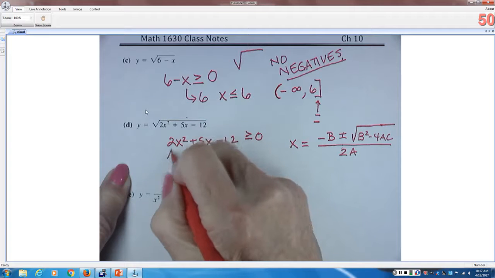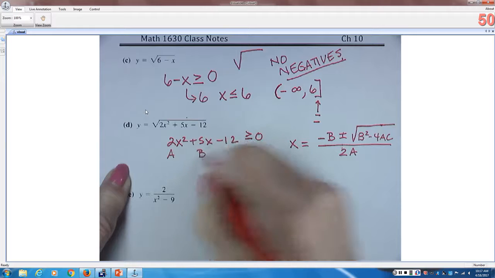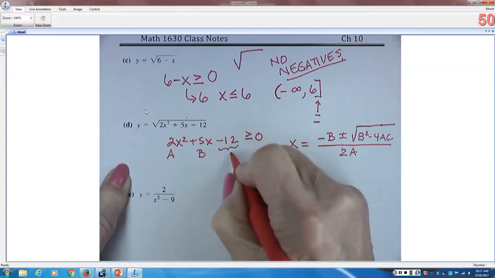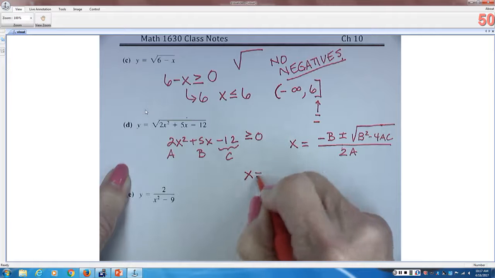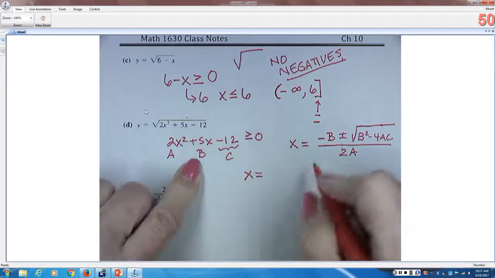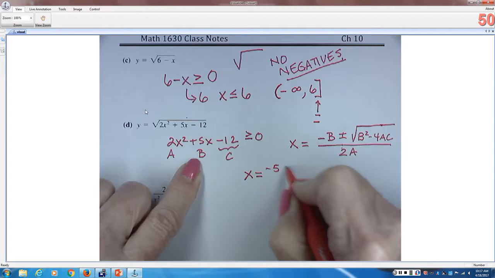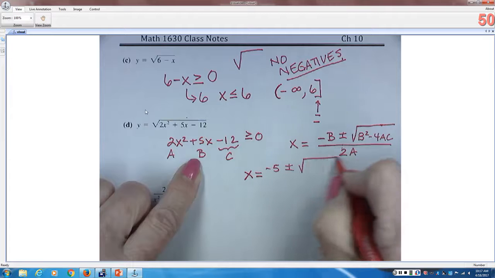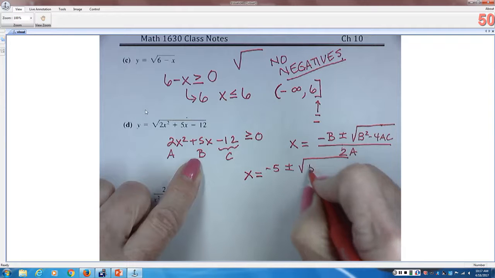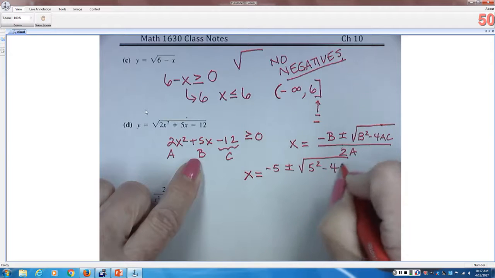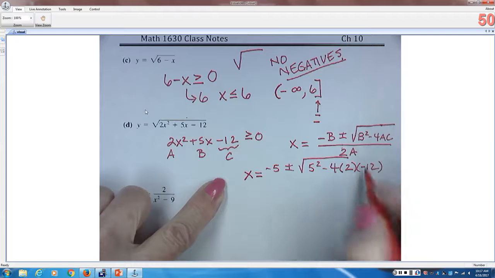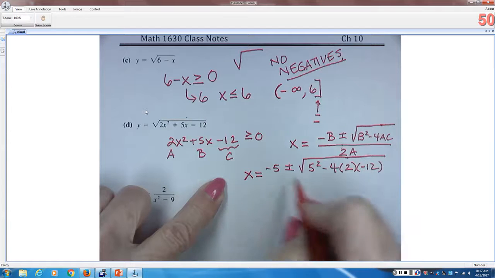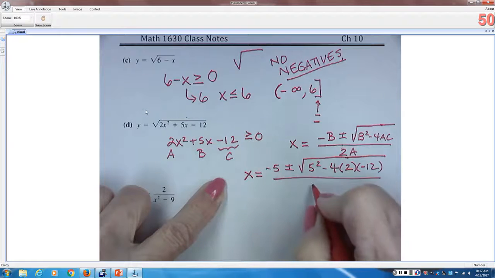In this case, a is 2, b is 5, and c is negative 12. So the opposite of 5 is negative 5, plus or minus the square root of 5 squared minus 4 times 2 times negative 12, all over 2 times 2.